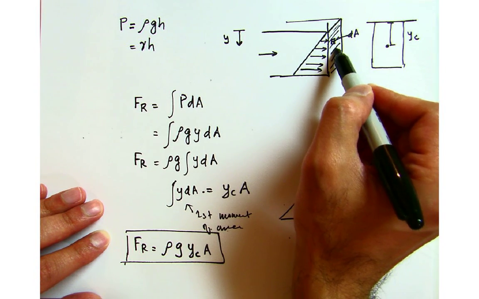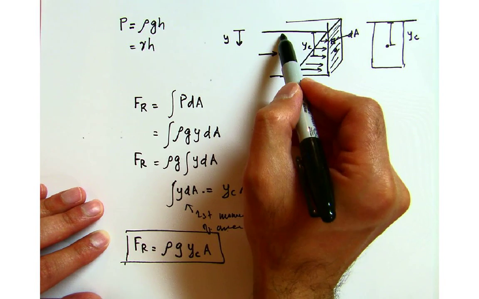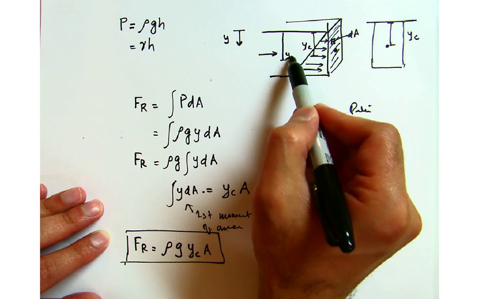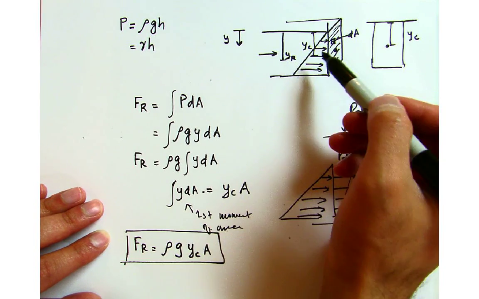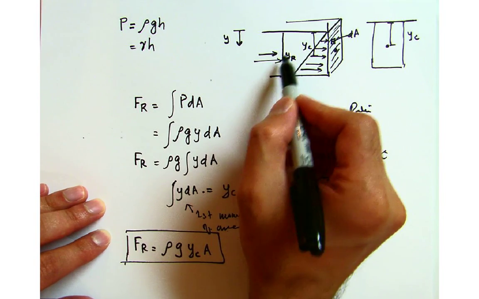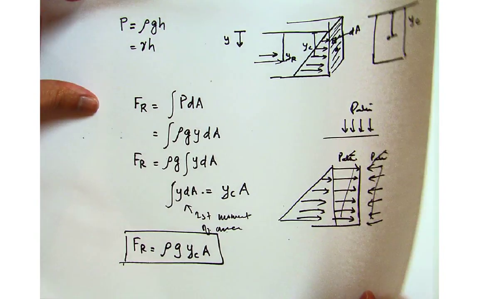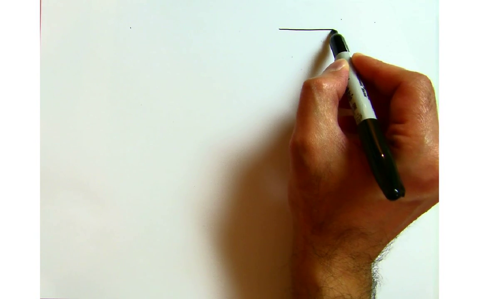So if this is where you have yC, the force will actually be somewhere below that, and people call it yP or yR, which is also known as the center of pressure. So that's where the force will be acting, but we don't know what this yR would be right now, but we can calculate that. And let me just draw this picture again.